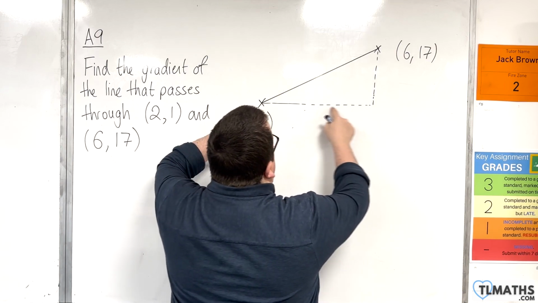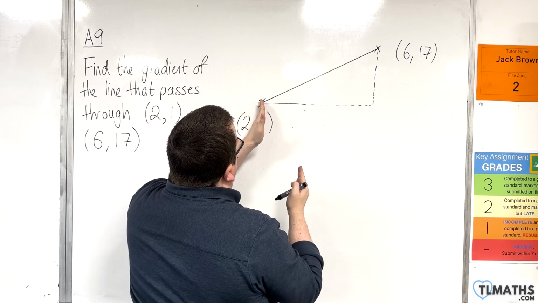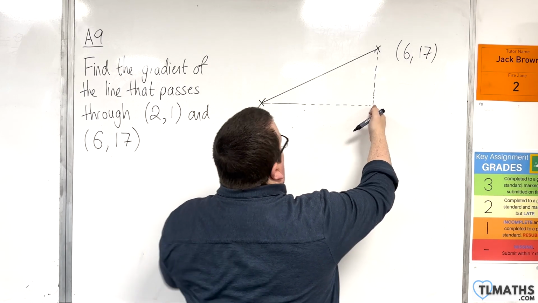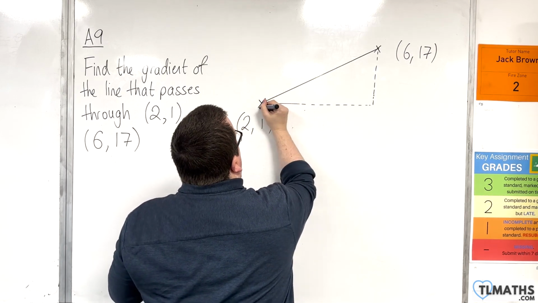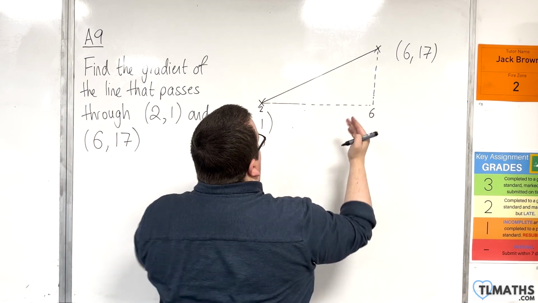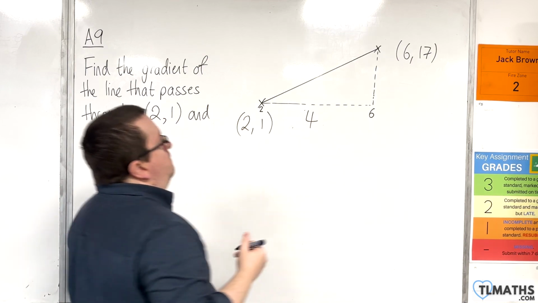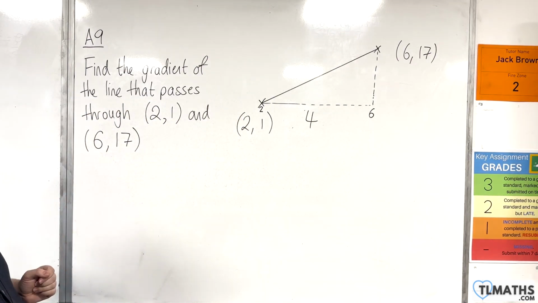So this distance here, if we start with that, is going from x equals 2 to x equals 6. Okay, so from 2 to 6. So that distance is 6 take away 2, which is 4. So I know that that distance is 4.